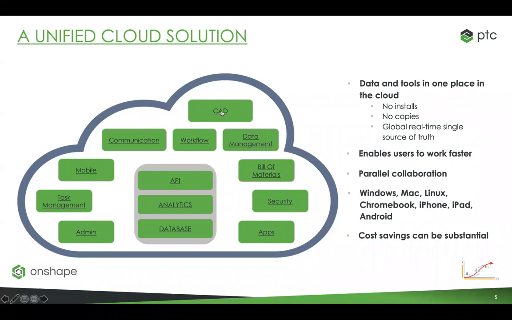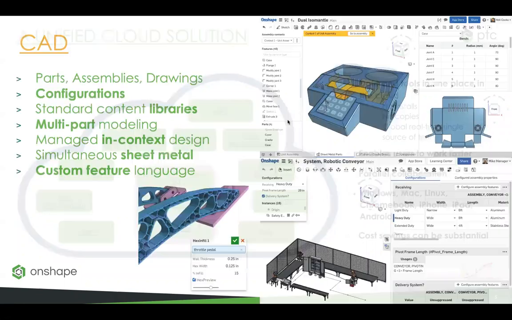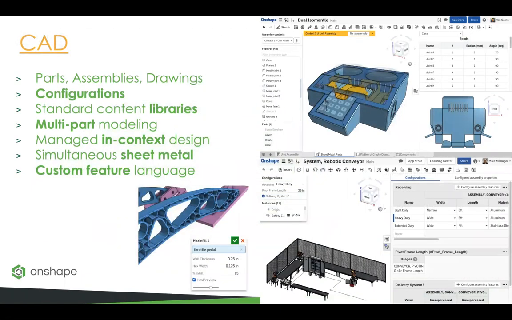Okay. So of course, we know how to build a CAD system. You're obviously going to be able to create all your parts, assemblies, and drawings. You can configure these designs. We provide libraries of information, like for hardware, bolts, nuts, screws. We have this very unique multi-part part studio approach, which I'll show you in the demonstration.